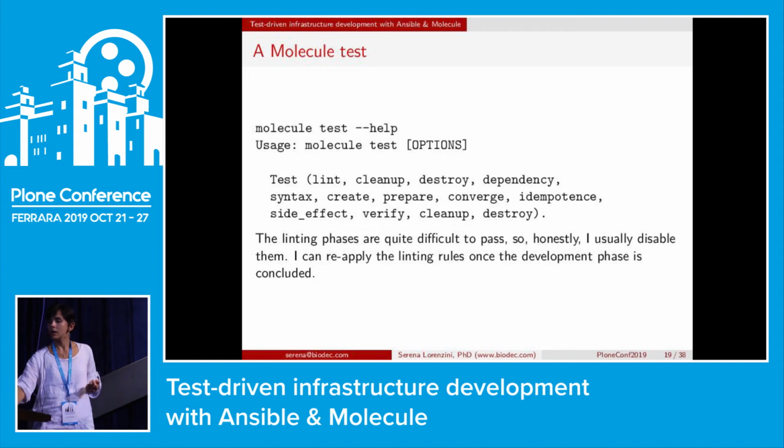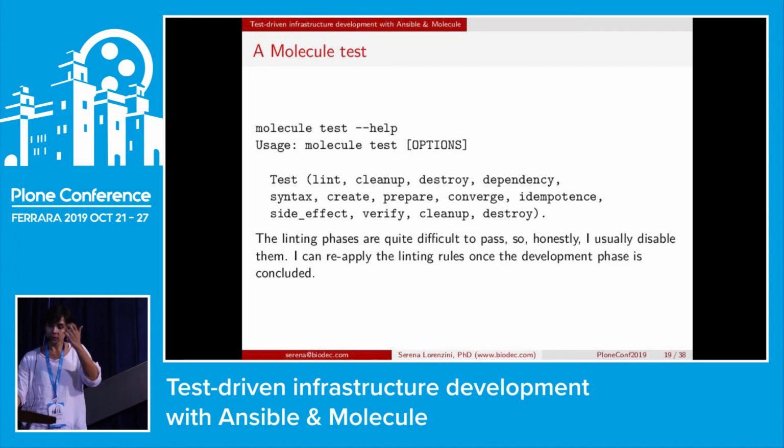So we have linting phases, creation of instances, idempotence test, so run your playbook twice and check that nothing has changed. Converge, which is the phase where the tasks are actually executed, and clean up, destroy, and stuff like that.